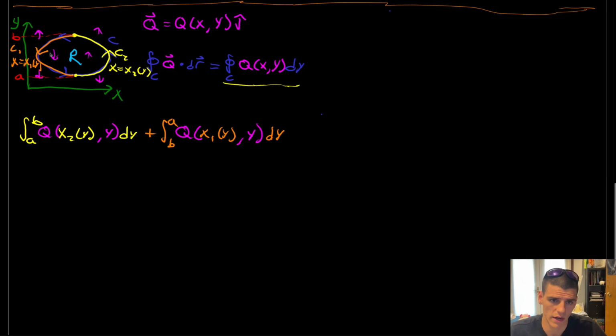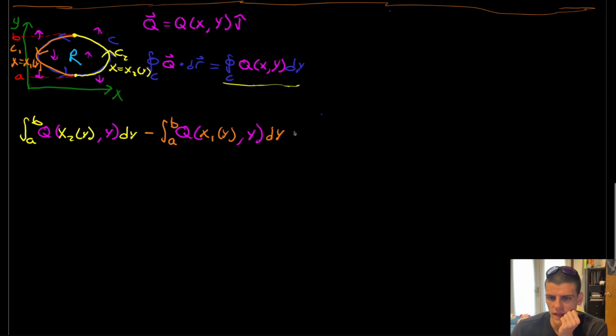But this one right here needs to be flipped, or else we would result in the negative area at the end once we relate it to the area of the region. So we're going to swap the bounds on this one to make it the same as the yellow one. So it's going to go from a to b. And obviously when we swap that, it's going to flip the sign of this integral to negative. So turn this to a minus, and this statement is still equivalent.